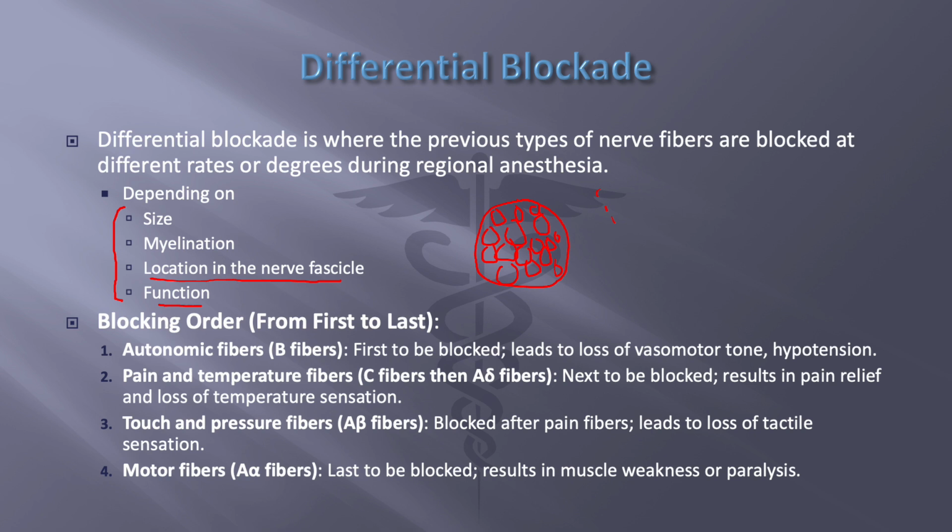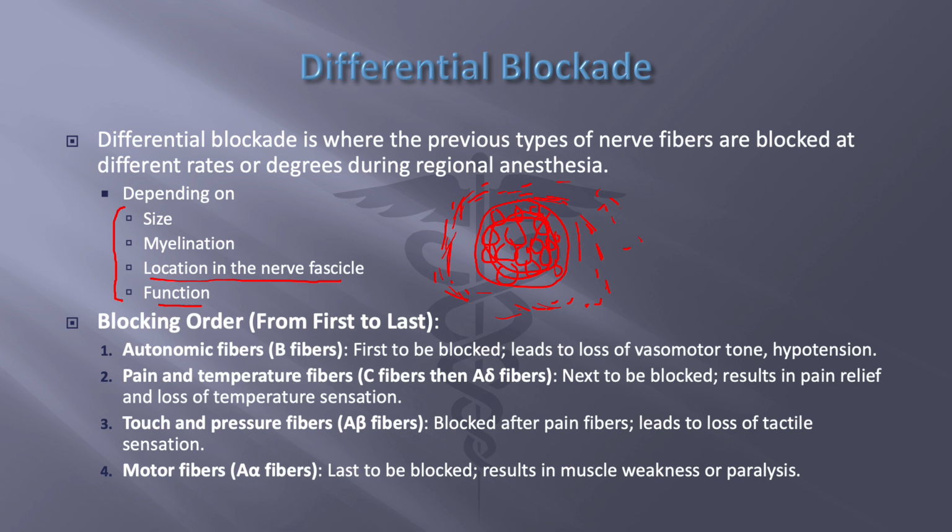If I have local anesthetic building up all around this nerve fascicle, we just did an excellent block. Okay, we just made a huge donut of local anesthetic around this nerve fascicle. Well, of course, the nerve fibers on the outside of this fascicle are going to be blocked more readily, right? That local has to penetrate through those and then into the inside of the fascicle. So that's what we're talking about there.